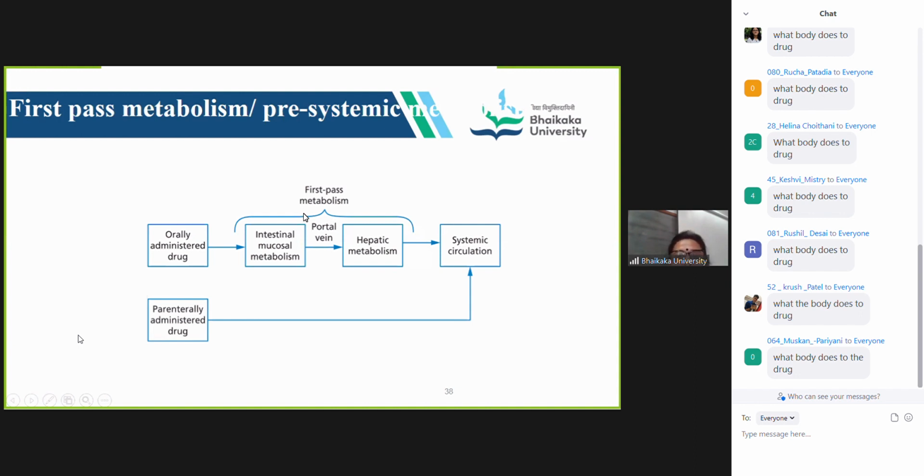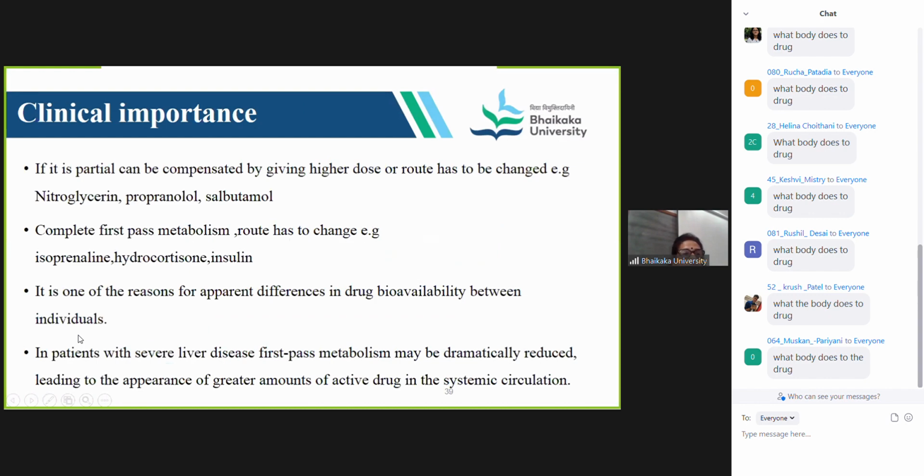So for some of the drugs which follow first pass metabolism, there is a chance that they will not reach the systemic circulation, and in these two sites only they will be metabolized. So for those drugs which follow this type of process, one has to change the route. You can give parenteral administration, so it directly reaches the systemic circulation. Okay, so that is the importance or clinical relevance of first pass metabolism.